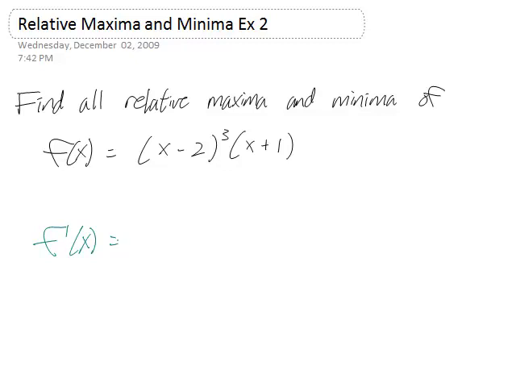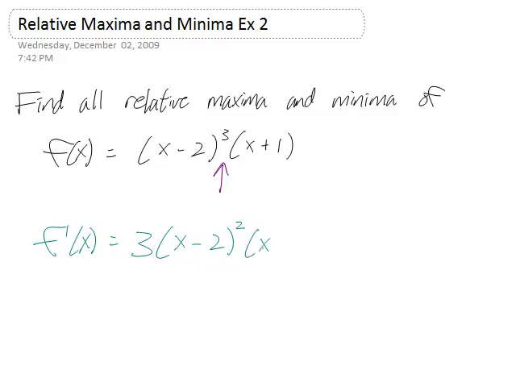This function is split in two right here with a multiplication, so we really need to use the product rule. The product rule says we take the derivative of the first one, (x − 2)³. To do that, we need the chain rule: 3(x − 2)² times the derivative of x − 2, which is just 1, so we don't have to write that in.